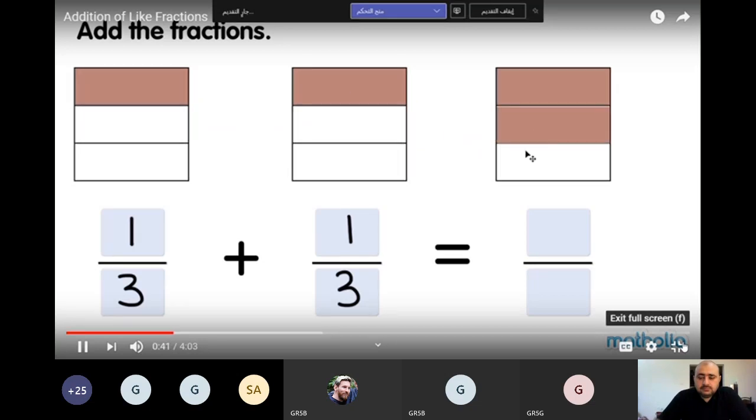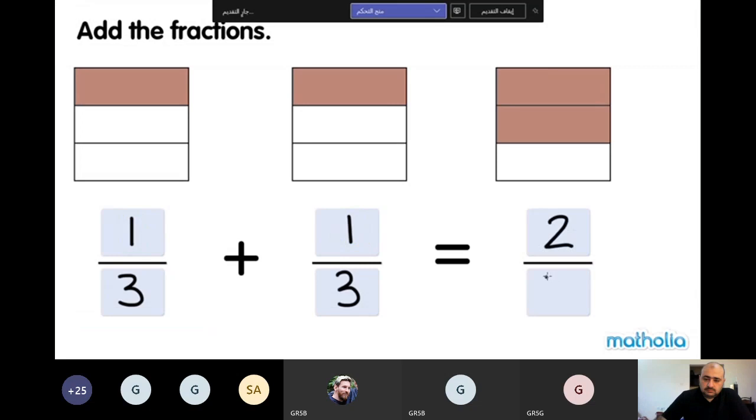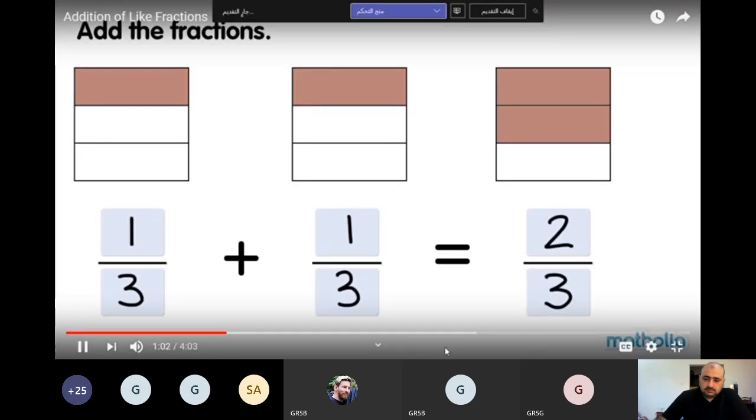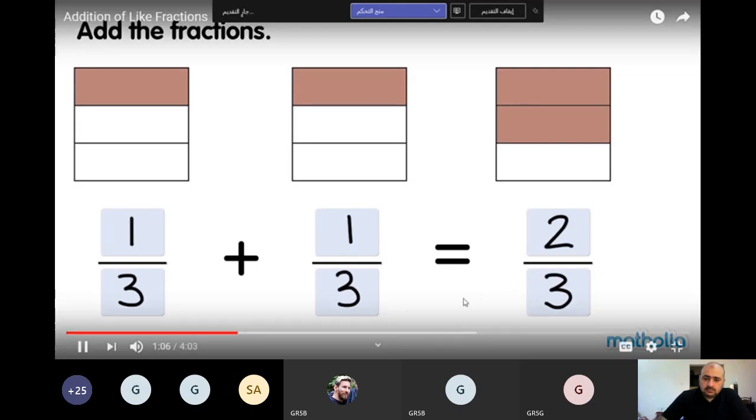Both of the denominators are 3. These are like fractions. To add like fractions, we keep the denominator the same and add the numerators. 1 plus 1 equals 2. So 1/3 plus 1/3 equals 2/3.